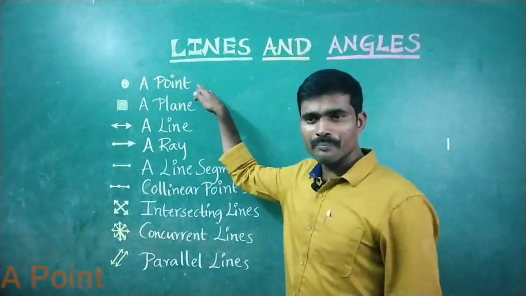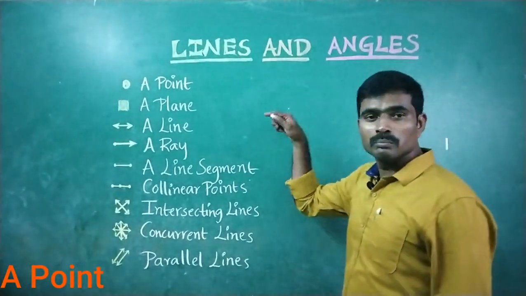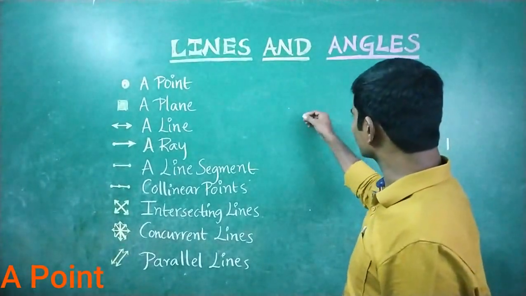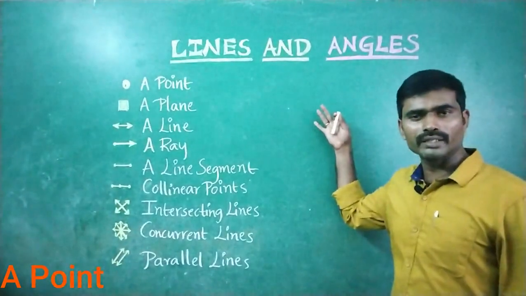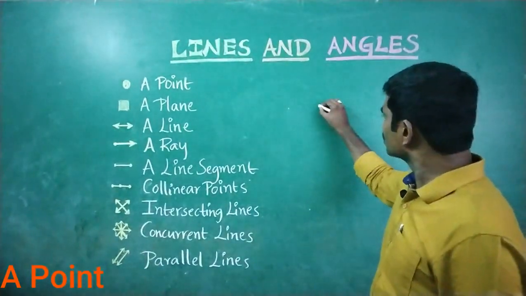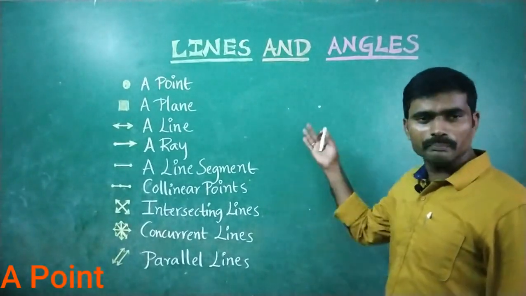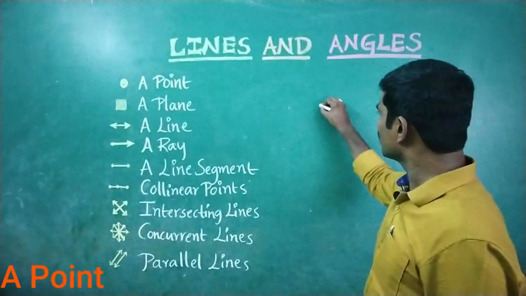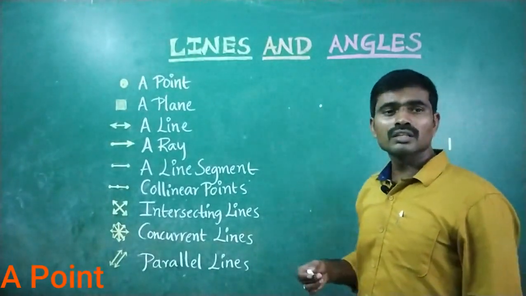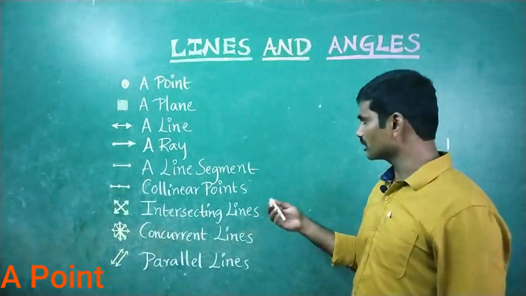Suppose point. A point is a position or location. Suppose this blackboard we consider as a plane, and I keep one dot. This one I take as a point. Points are always denoted by capital letters only.